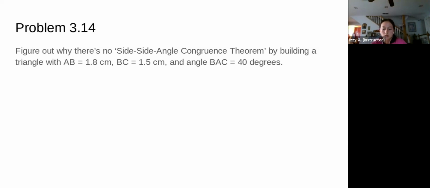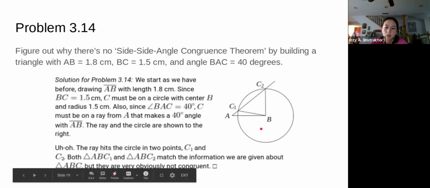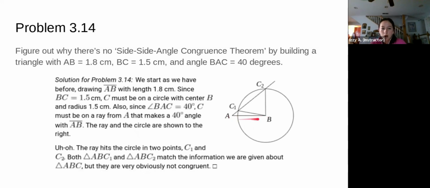But basically, we're going to first draw AB, so this would be 1.8, and then we would draw BC, which is 1.5, and we know that because BC is shorter than AB, it cannot be the longest side.